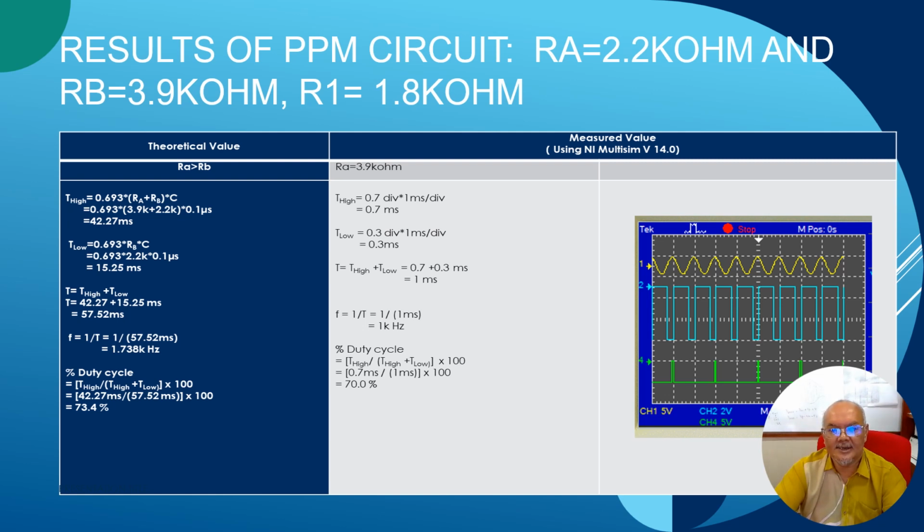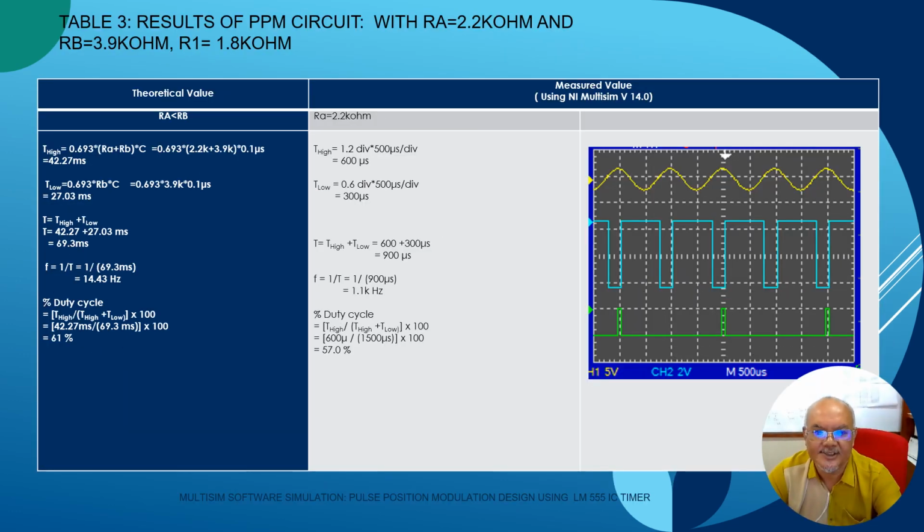When we use NI Multisim version 14, the duty cycle measured is equal to 70.0%. Table 3 shows the result of the PPM circuit with RA equal to 2.2 kilo ohm and RB equal to 3.9 kilo ohm, while R1 is equal to 1.8 kilo ohm.